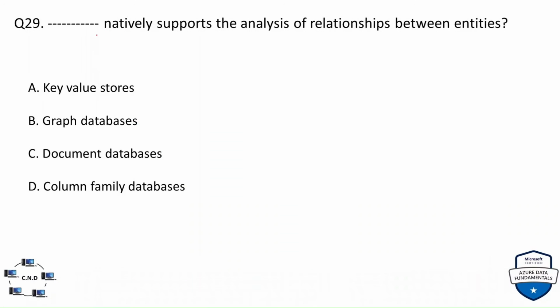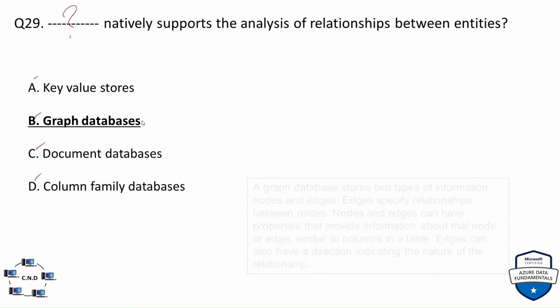Question number 29 is that what natively supports the analysis of relationships between entities? And the options are A, key value stores, B, graph databases, C, document databases, and D, column family databases. And the correct option is graph databases.